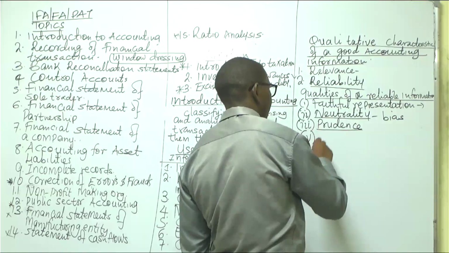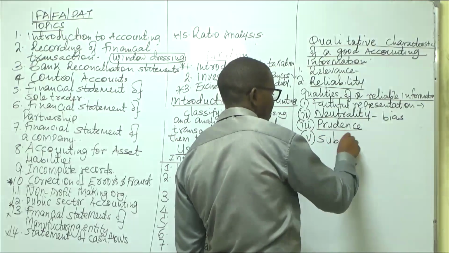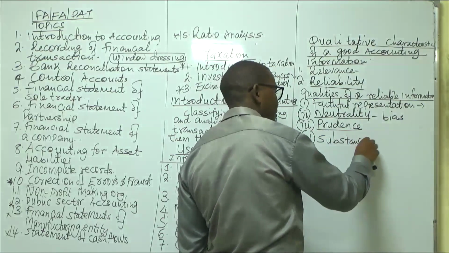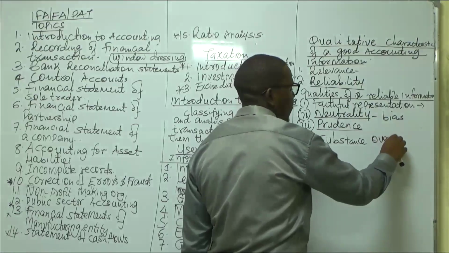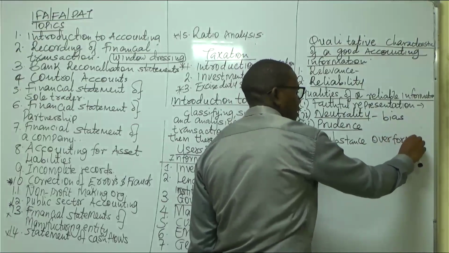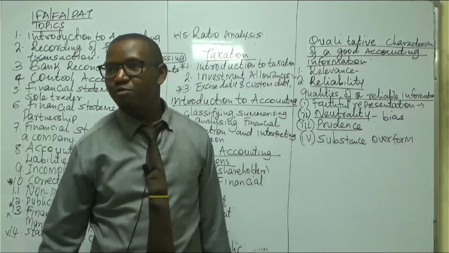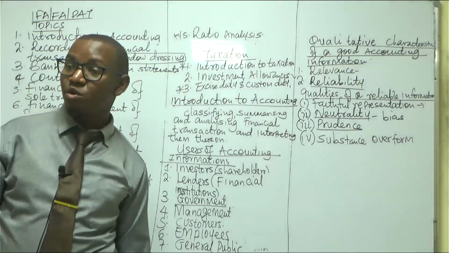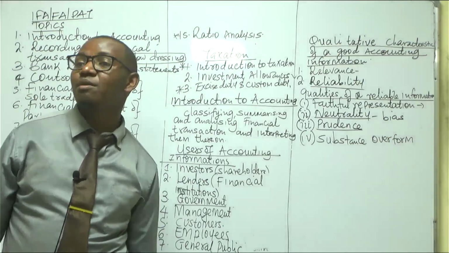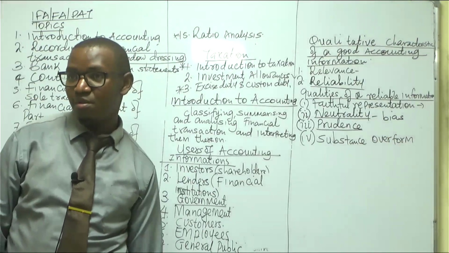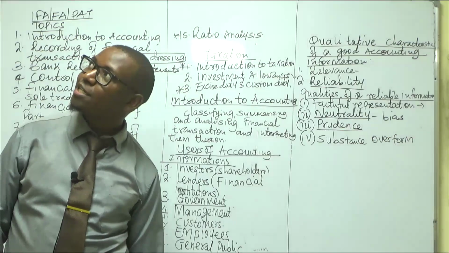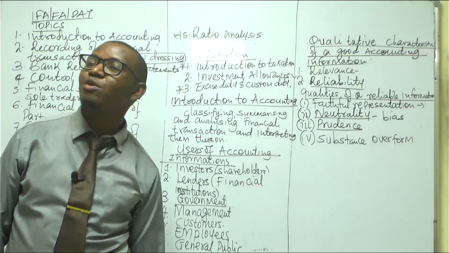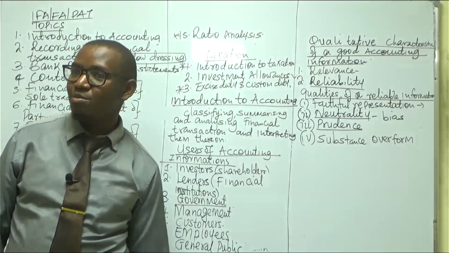Roman number 4. Did you hear what I said about prudence? You have to ensure that an organization does not overstate its assets, because basically some of them are based on assumptions. For example, if you ask KTDA the value of this building, they will make an assumption.